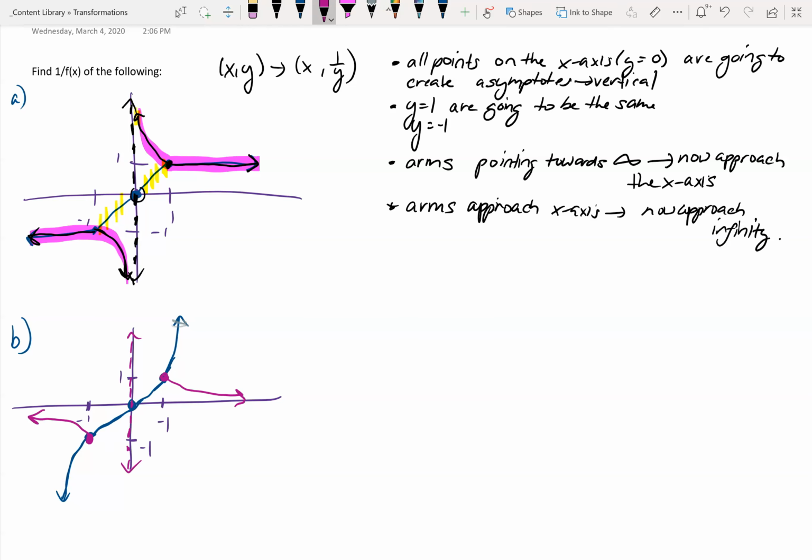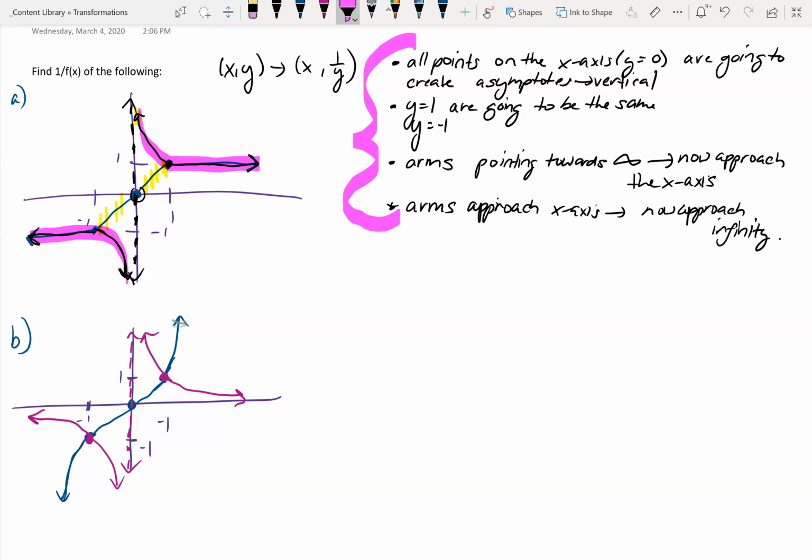Then lastly, in here, we have really small numbers, and if I take the reciprocal of that, I'm going to get really large numbers, so those are going to point towards infinity. So the light purplish pink part of what we just drew, this is our new graph of 1 over f of x. In general, you should always follow these rules.